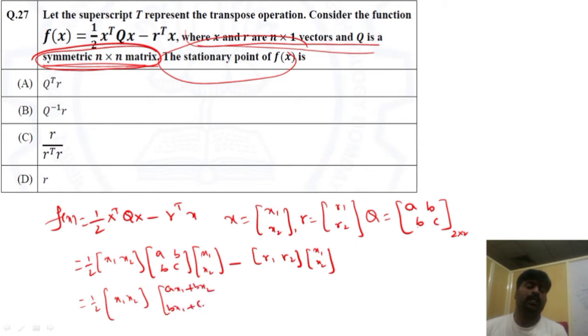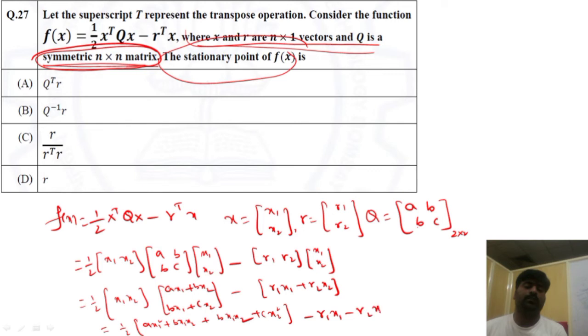This is bx1 plus cx2. This is r1x1 plus r2x2. Again I multiply with this 1 by 2: ax1 square plus bx1x2 plus bx1x2 plus, I am just multiplying these matrices, cx2 square minus r1x1 minus r2x2.